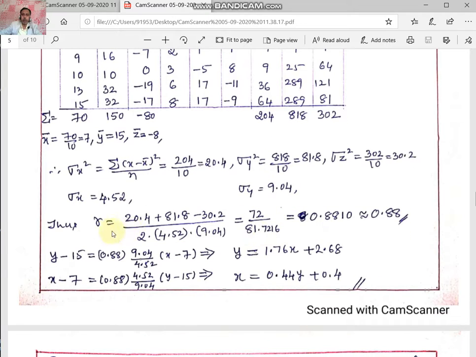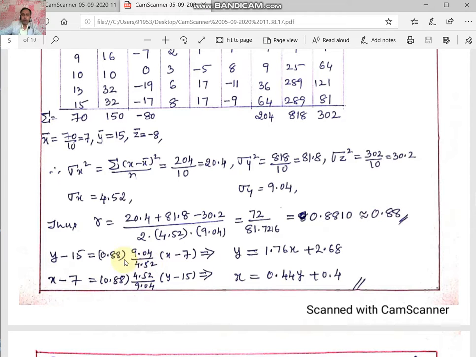Then use the formula R equals sigma x square plus sigma y square minus sigma z square, divided by 2 into sigma x sigma y, substitute values and simplify. It is 0.8810, or approximately 0.88. This is called the correlation coefficient of x and y values.